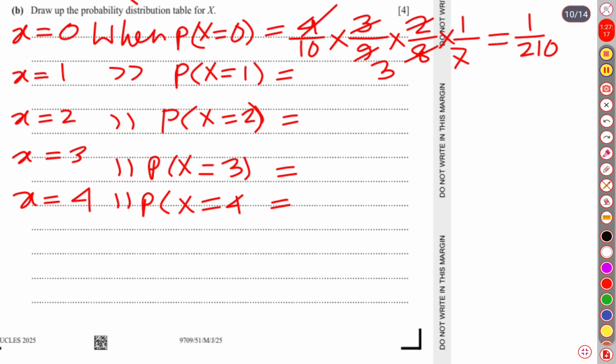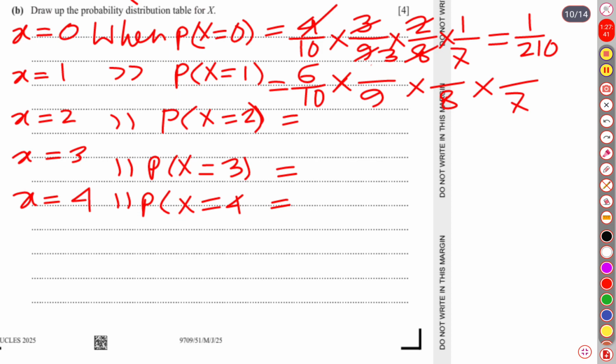So it is 1 over 210. For the second one, there is only one blue marble. For one blue marble, the probability is 6 out of 10, and the rest of them are red. What are the possible cases? It will be 9, 8, and 7. So first there are 4 red marbles, then there will be 3, and then 2 red marbles. Now look at this. As there is only one blue marble, this blue marble can be found anywhere.